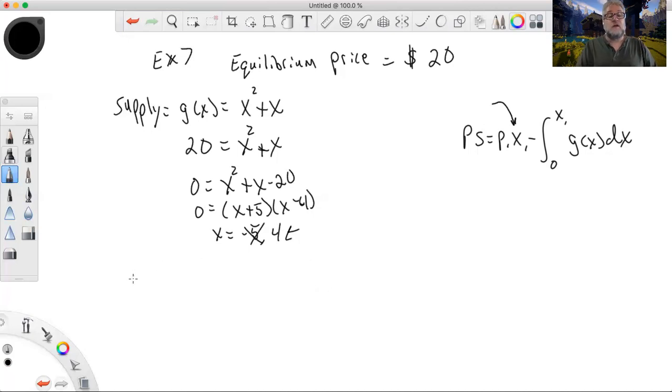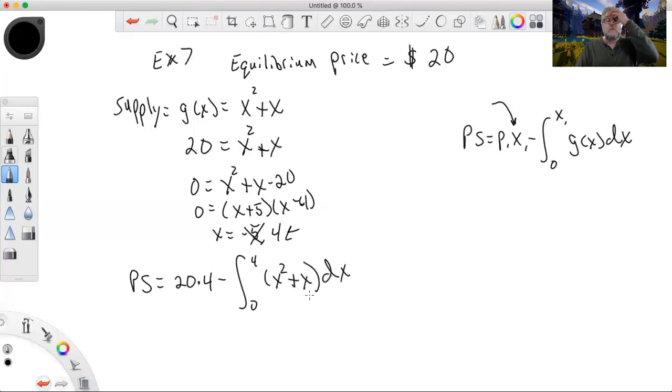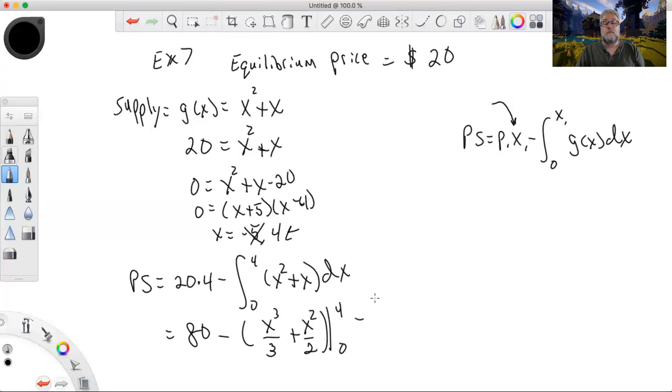And now we'll calculate the producer surplus. It'll be the equilibrium price times the number of units we're selling at equilibrium minus the integral from 0 to 4 of g of x, x squared plus x dx. This is an x to the n kind of integral. So this is x cubed over 3 plus x squared over 2 evaluated from 0 to 4.